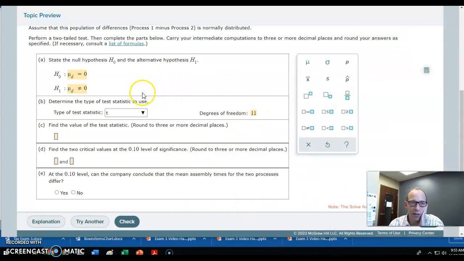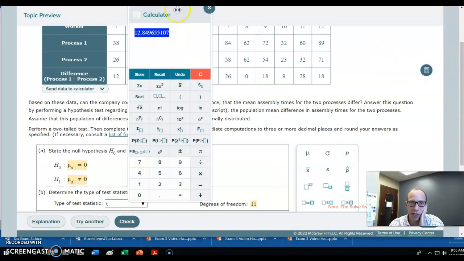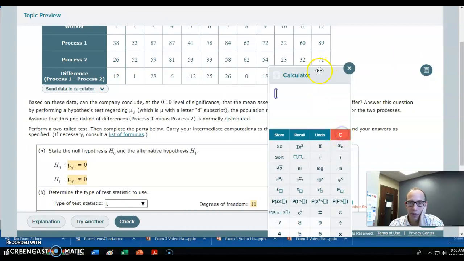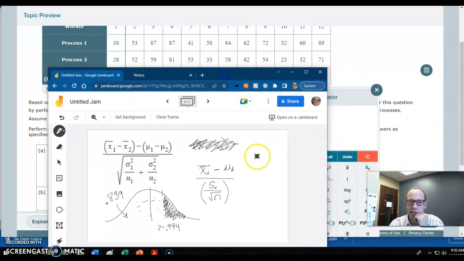So how do we get those numbers? Well, we can just open up our calculator here. Oops, clear that. And let's get our sample mean first. So mean of the difference, that gives us 13.25. So this sample mean right here is 13.25, and I already said that was minus 0, so we're just going to divide that here.